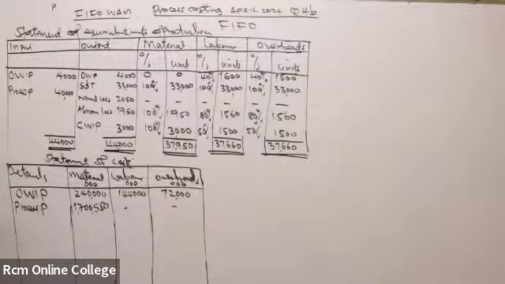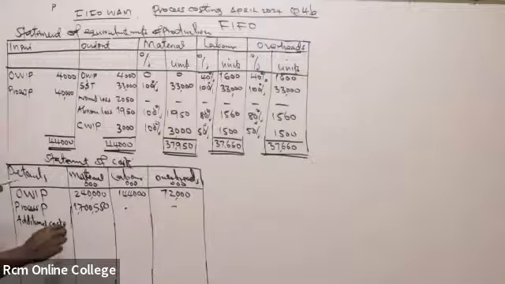Then from process P, we also have additional costs. The additional cost again is shared. Information number 3.